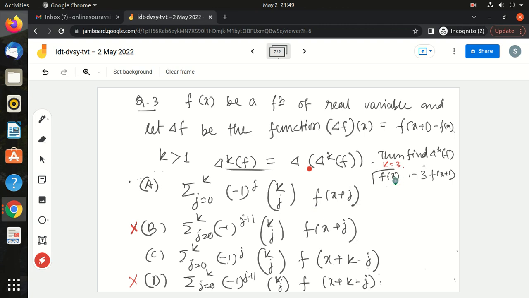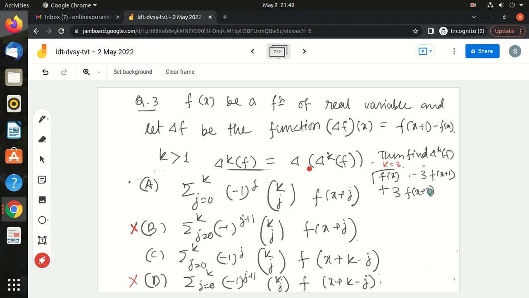And then what you get, if you put j equal to 2, this becomes minus 1 to the power 2, which is plus 1. So this is plus, and k choose 2, where k is 3 here, so 3 choose 2 is 3 again, and f of x plus 2.